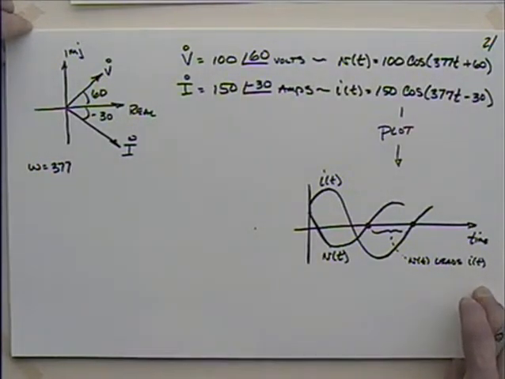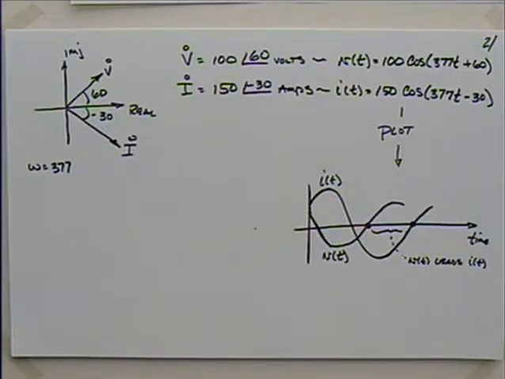Question: for all these functions, is the angular velocity always the same? Omega? Angular frequency? Well, we'll see it as angular velocity in dynamics, but in here we'd like to call it angular frequency, in radians per second.